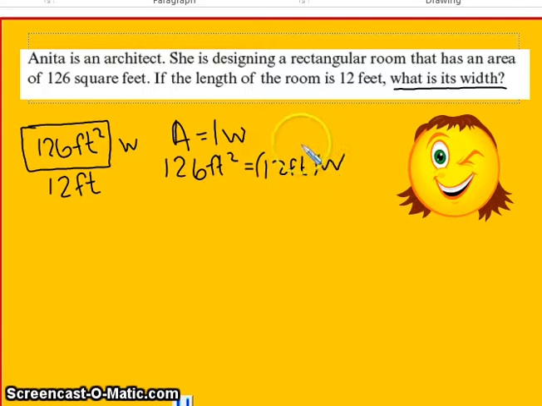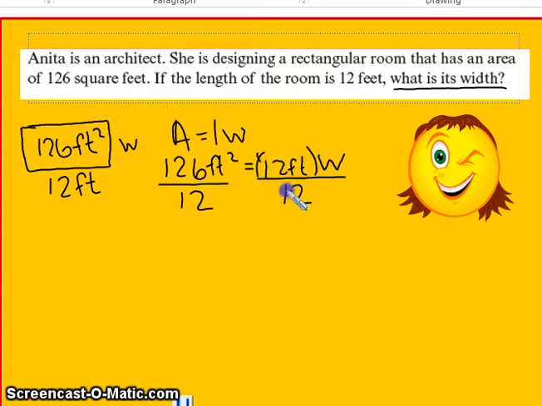I want to figure out what W is, so I want to get W by itself. Since here I'm multiplying 12 times W, to eliminate this 12, I'm going to divide. Now if I divide by 12 on the right side, I also have to divide by 12 on the left side.